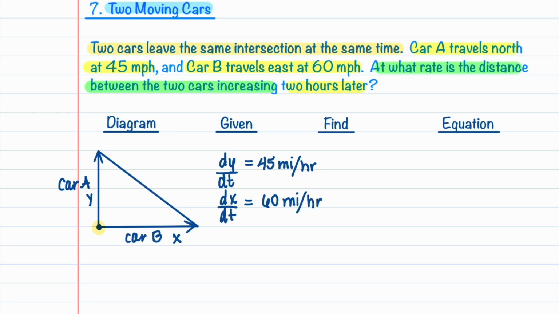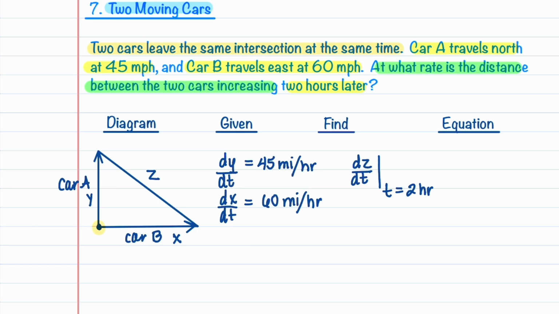We want to find the rate at which the distance between the two cars is increasing. So we need to go back to our diagram and put a variable for that distance. I'm going to call that variable z. So we want to find dz/dt when 2 hours have passed, so when t is equal to 2 hours.